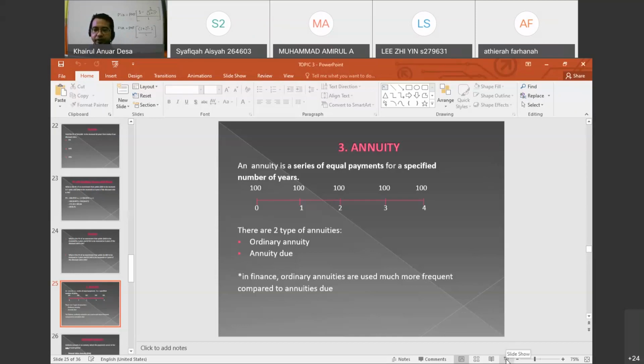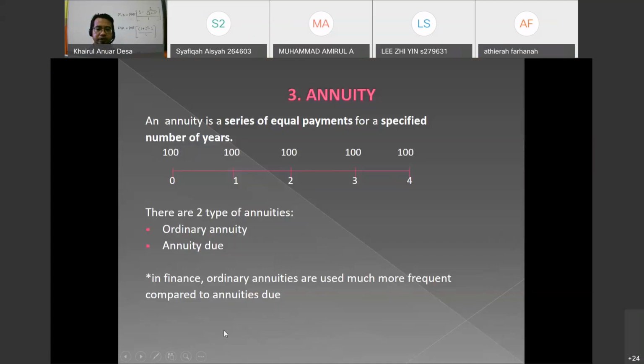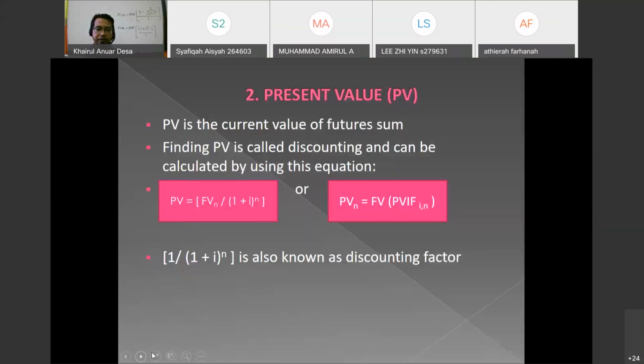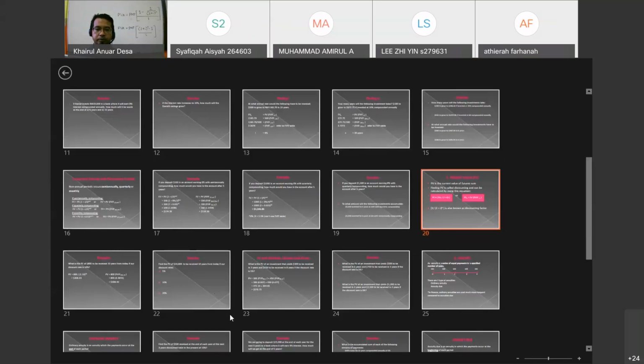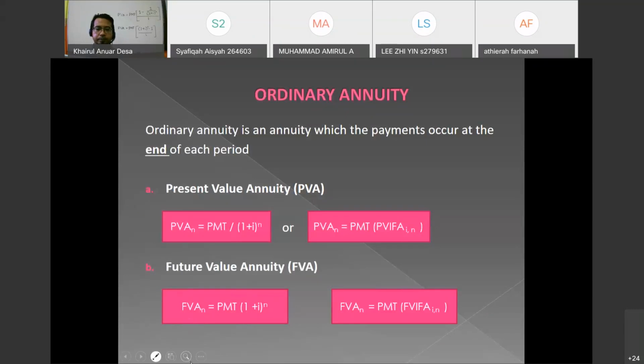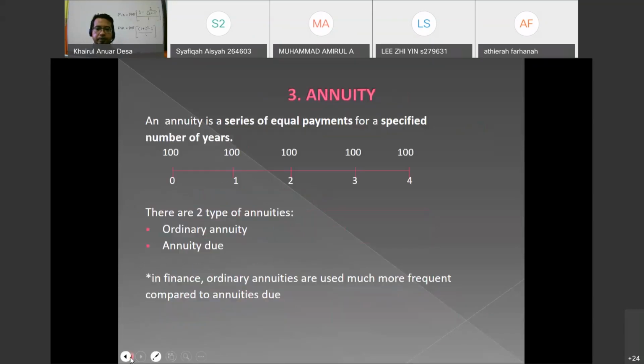When we see the definition here, again, an annuity is a series of equal payments.